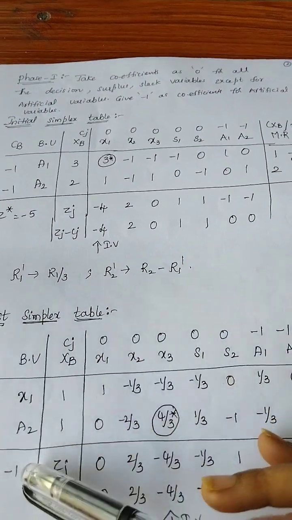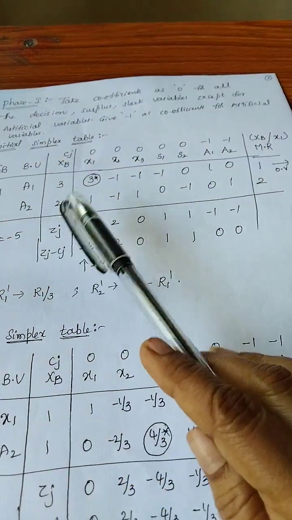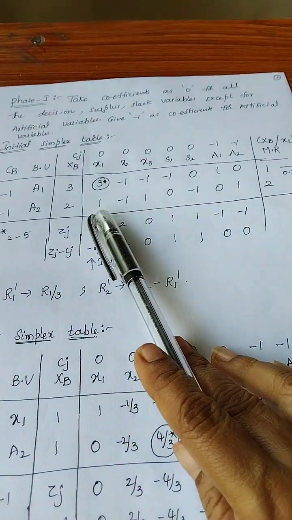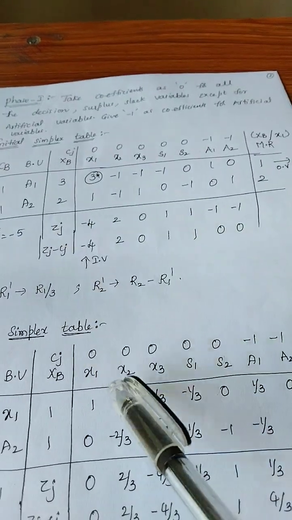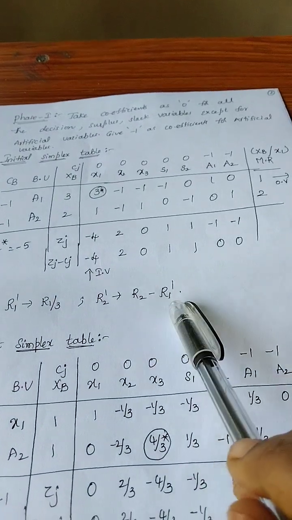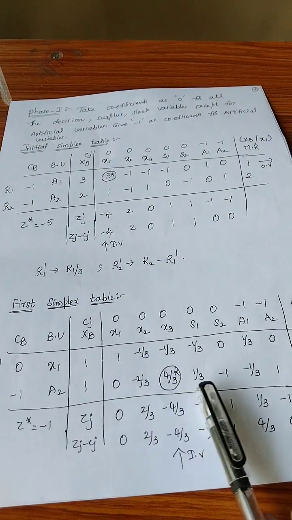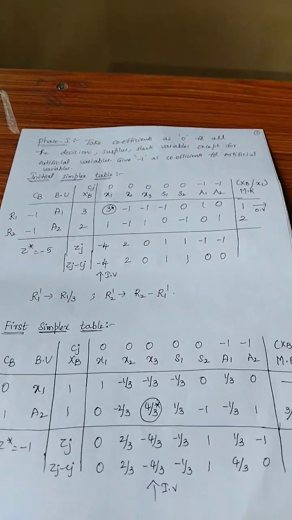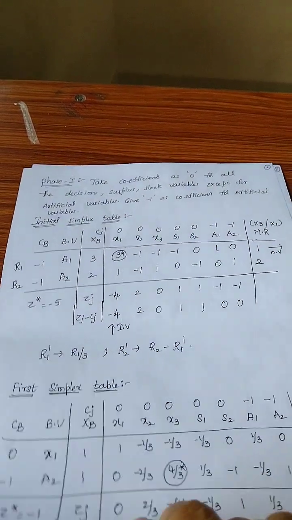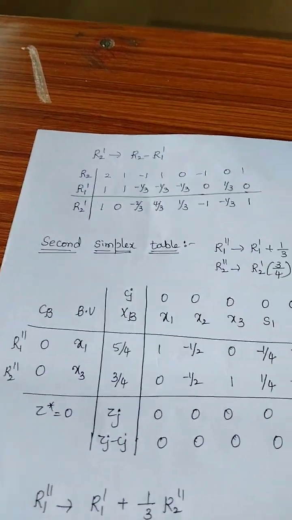And here in A2, 1. See, how are you going to write this? Here it is 1. Instead of getting 0 here, we are subtracting the new row from the old row, that is R2 minus R1 dash. I have done the values for you.